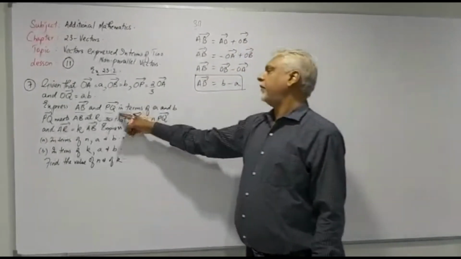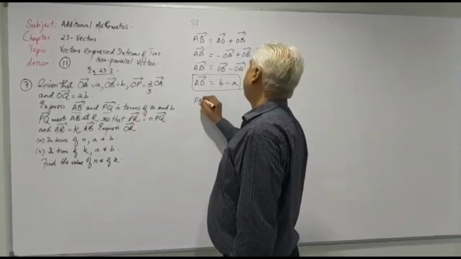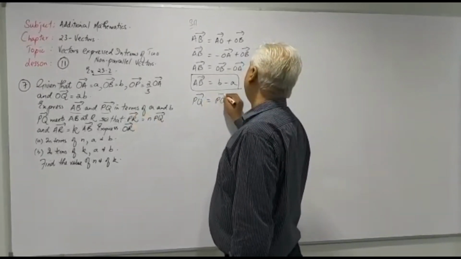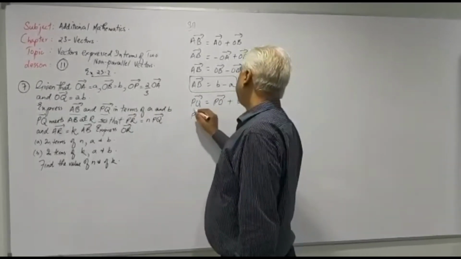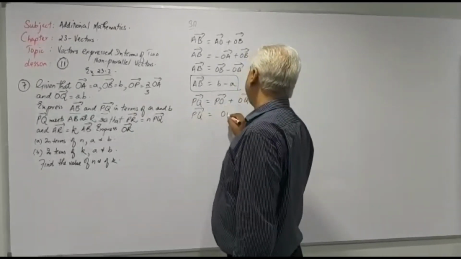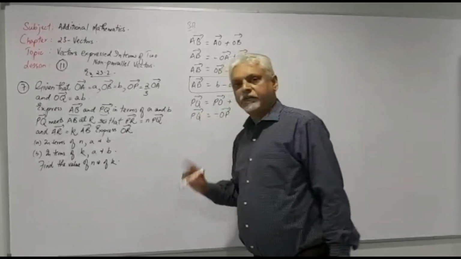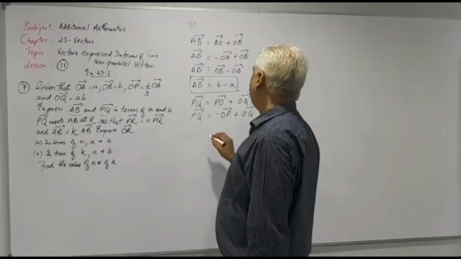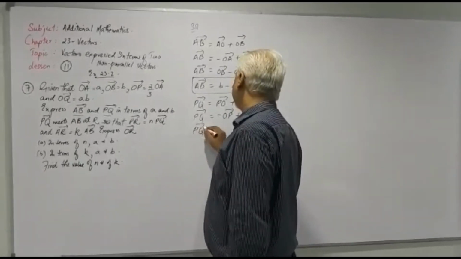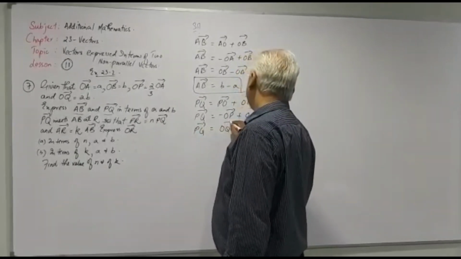Now in the same way we will find PQ. PQ is equal to PO plus OQ. Now I can write PO as minus OP, the negative sign changing the direction, plus OQ, or PQ is equal to OQ minus OP.